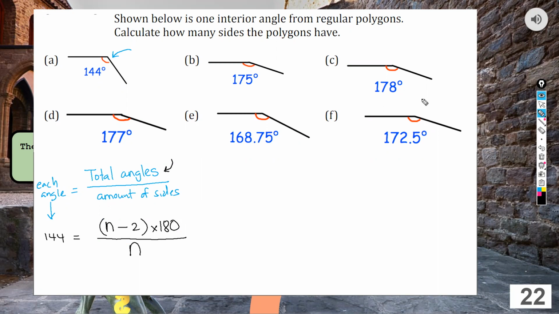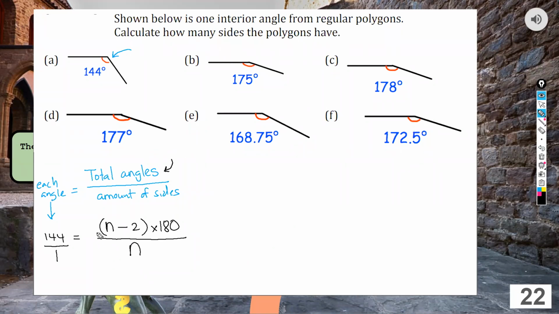So all we need to do now, to find N, is cross multiply. Remember, 144 is the same thing as 144 on 1. So let's cross multiply, and we are going to try to solve for N. Now, this is where the algebra is going to come in.